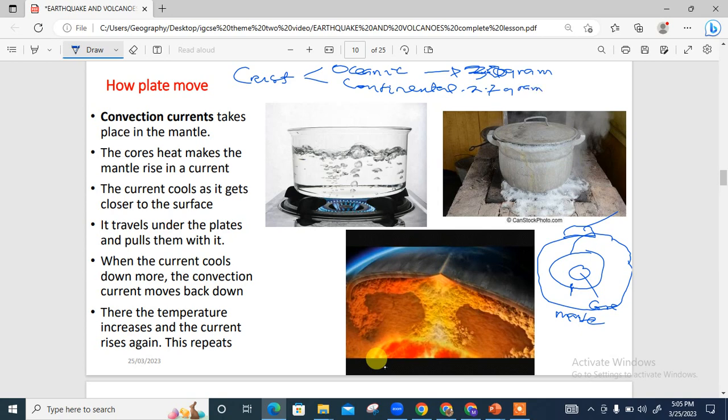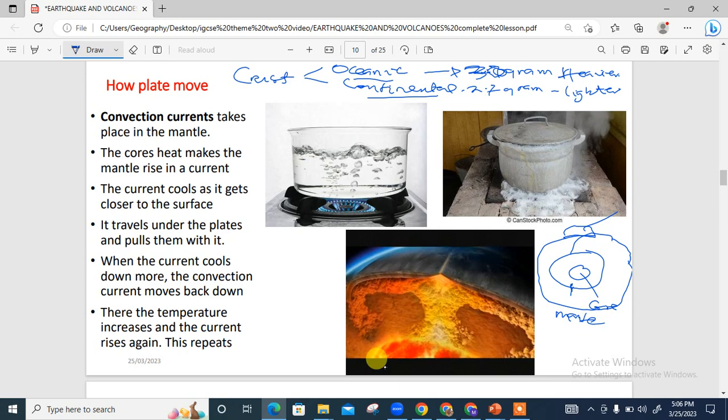What this means is the oceanic crust is heavier, while the continental crust is lighter. So if these two crusts meet, you find out that the oceanic crust that is heavier will usually sink under the continental crust that is lighter.